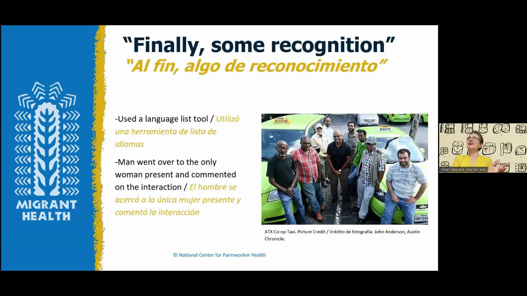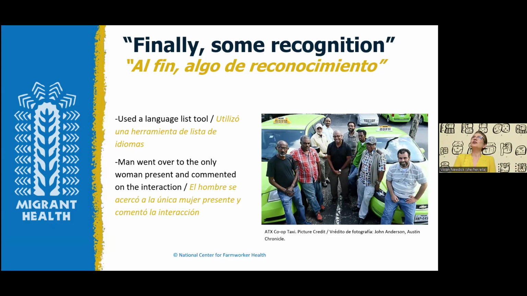And later on, he walked up to one of the only women who was present in this space and said, "Finally, some recognition." And I think that this anecdote speaks to the power of getting someone's language right, especially in a context where they could accurately feel that their language and their culture just isn't recognized as present.